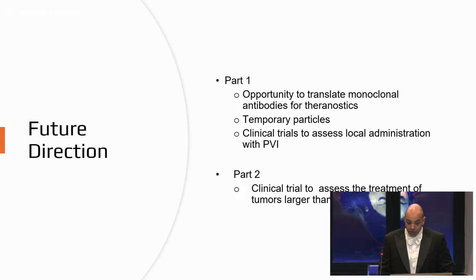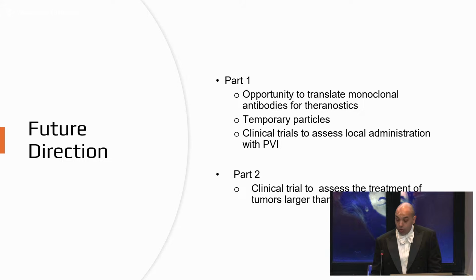So for future directions for this project, and where I envision this going, I think that pseudovascular isolation, leveraging it, will give us the opportunity to translate larger molecules. So things like antibodies can be used in theranostics going forward, which are really not clinically available right now.